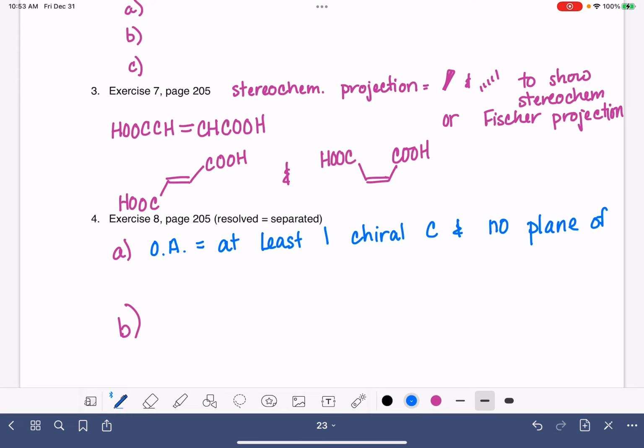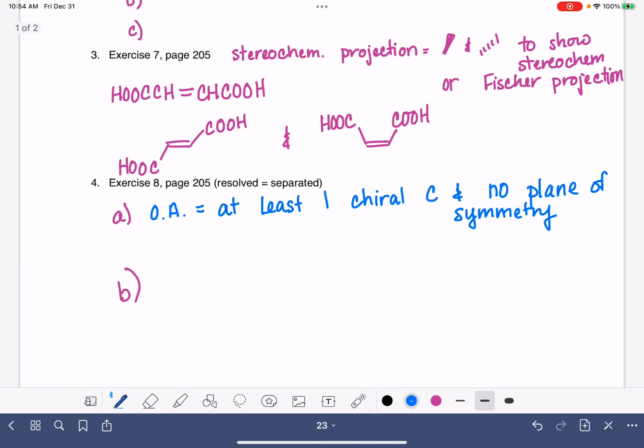If you have chiral carbons but a plane of symmetry, then the molecule is meso and it's not optically active. So it's asking, is it optically active? Is there at least one chiral carbon and is there no plane of symmetry? And then it's asking, could it be resolved? Could the product be resolved into optically active constituents?